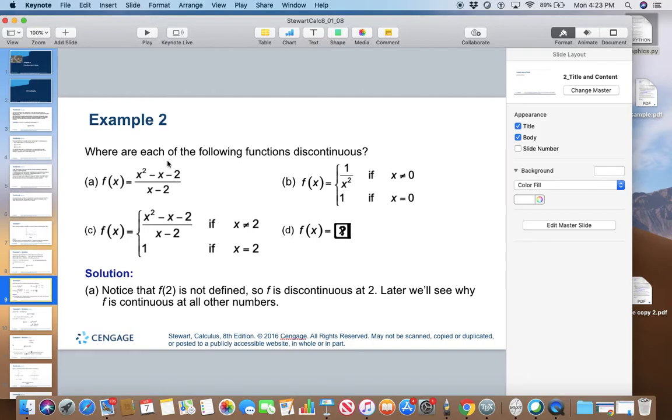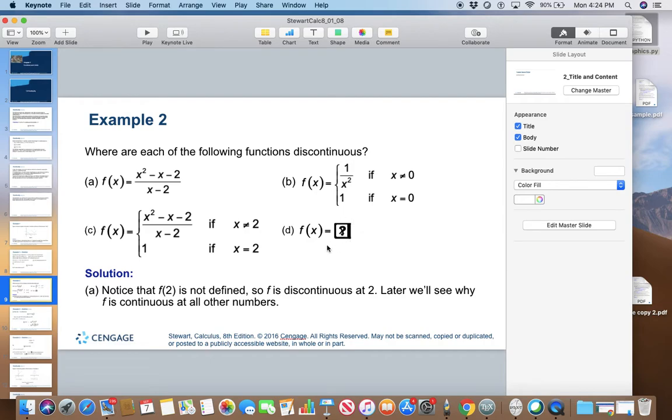Now, which of the following functions are discontinuous? (a) (x squared minus x minus 2) over (x minus 2). (b) Piecewise defined: 1 over x squared for x not equal to 0, and 1 for x equal to 0. (c) (x squared minus x minus 2) over (x minus 2) for x not equal to 2, and 1 if x equals 2.